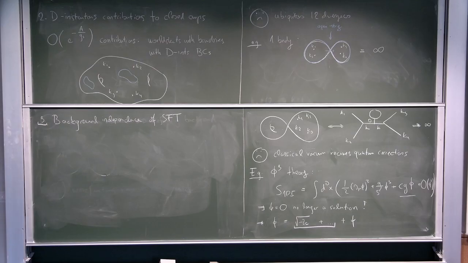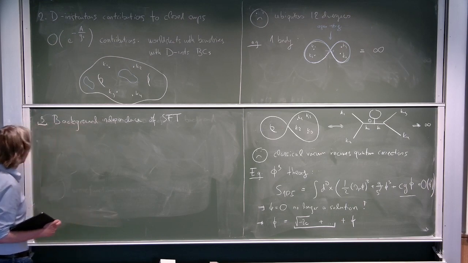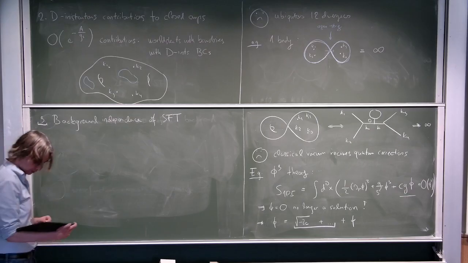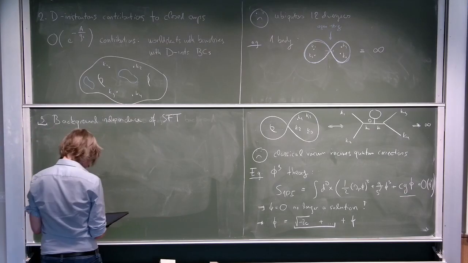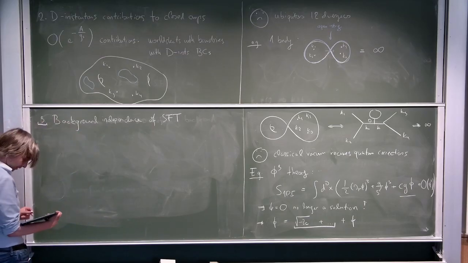We first need to fix a consistent critical background for the propagating string. And then, having fixed that background, what we can do is basically only to compute the observables for that fixed background. So in SFT, the situation is much richer than that.